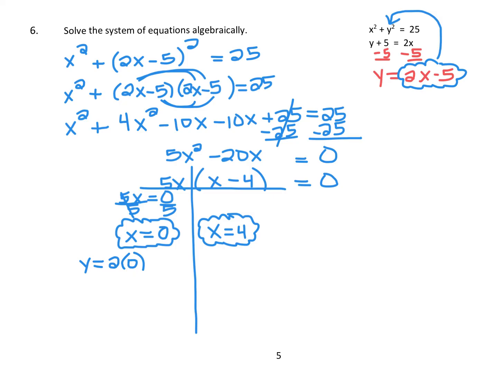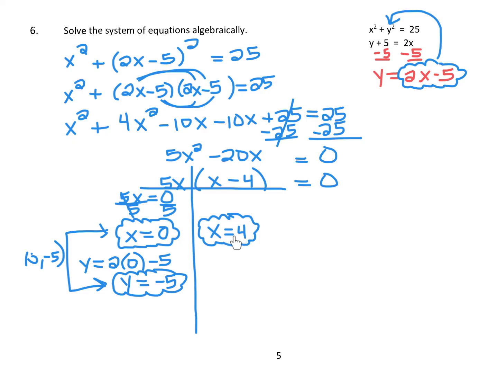And then I'm going to write minus 5. All right, so 2 times 0 is 0, and 0 minus 5 is negative 5. So we get y equals negative 5. So when x equals 0, y equals negative 5. So 0, negative 5.